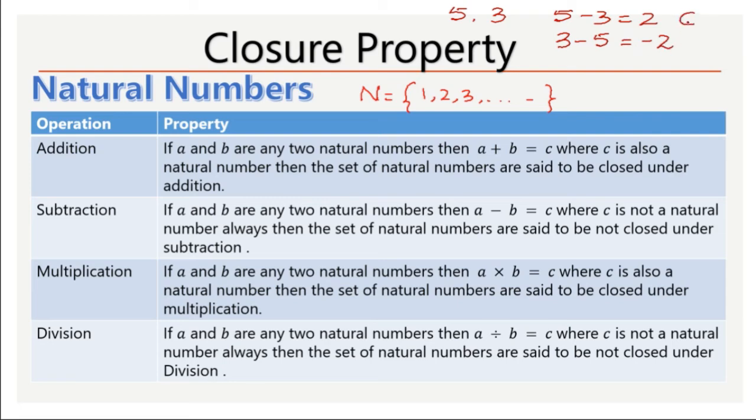Here 3 and 5 are present in the set of natural numbers, but negative 2 is not present in the set of natural numbers.